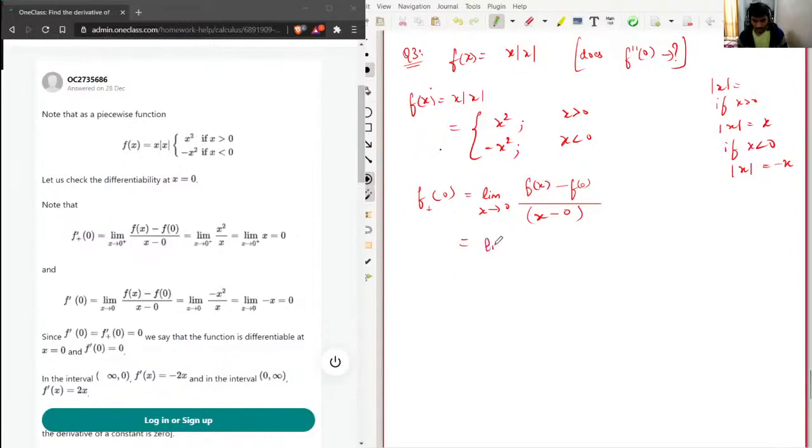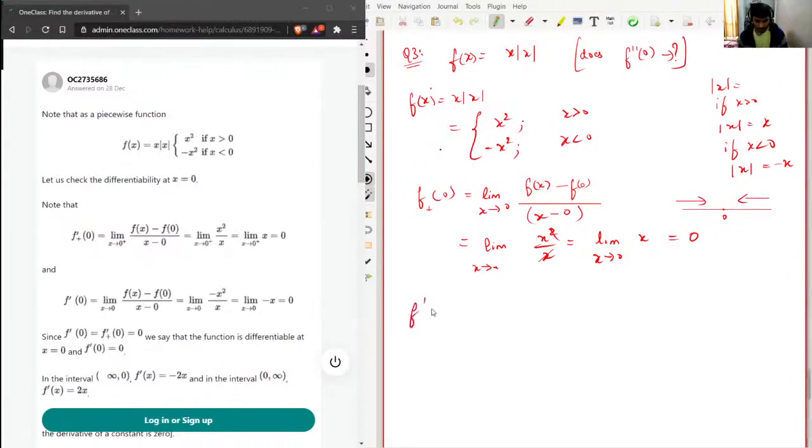So this will be limit x approaching 0 of x square over x. The x and x will get cancelled, and this will become limit x approaching 0 of x. I can just put the value and I will get this as 0. Suppose this is the number line, this is the point 0. Earlier we were coming from here, now we'll go from here.